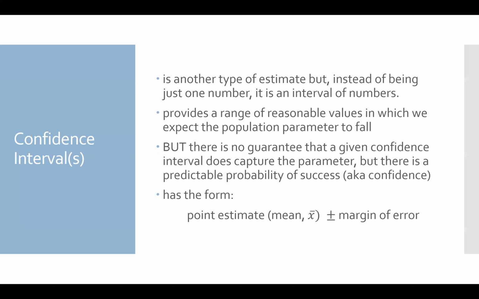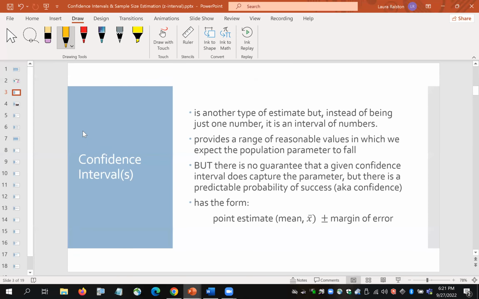Really, any confidence interval, whether we're talking about the Z interval, the T interval, or the proportion, which we will talk about all three tonight, all of them take on the same form. You have your point estimate, which for us is going to be the mean. So we take that single value that we've been calculating, and then we add or subtract the margin of error.